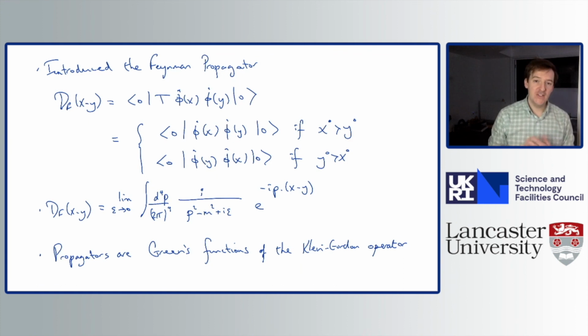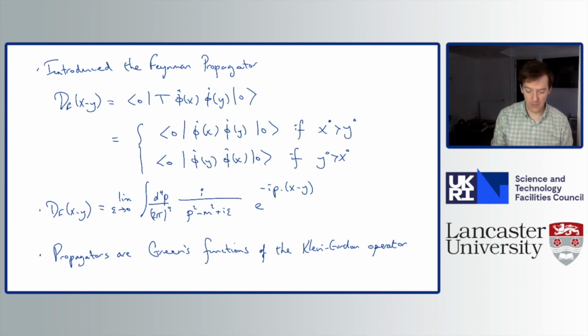What we're going to find is there's a particular propagator which is going to be important. It has a special name: the Feynman propagator. It's given the symbol D sub F, and we can define it using this new symbol T, which is the time ordering symbol.